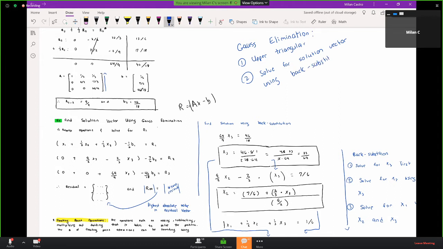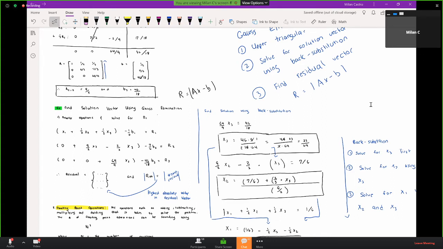Step 3 is find the residual vector, which is just r equals Ax minus b. So that's a basic summary for Gauss elimination.